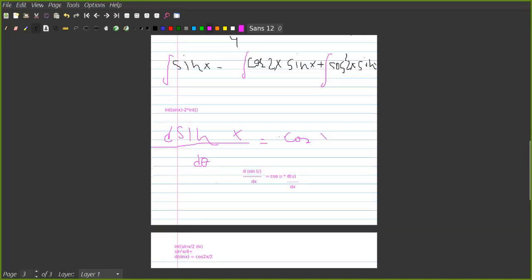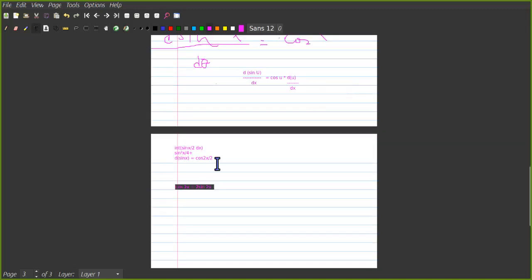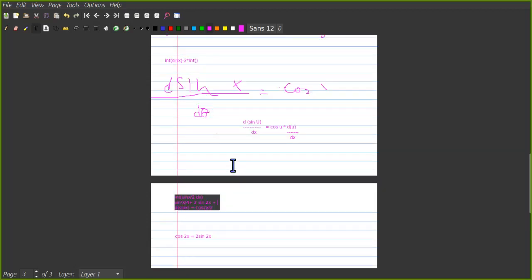But as we only have sine over here, we have to divide by 2, and we have to multiply by 2 over here. And plus the integral of sine, which is cosine x. So that's it.